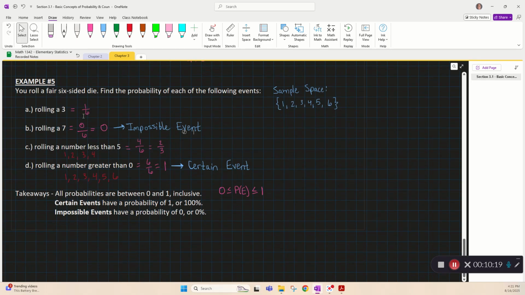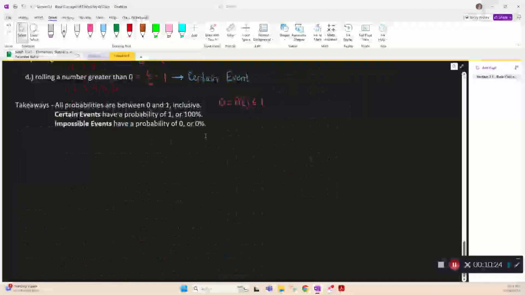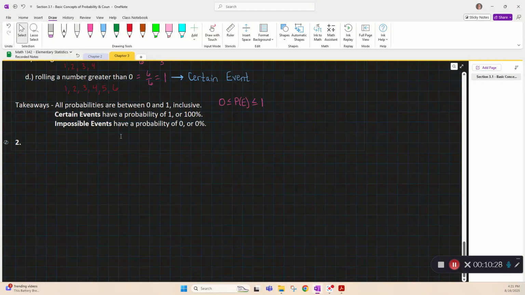It's all theory based. The second type of probability is called empirical, or you often may hear it called statistical probability.